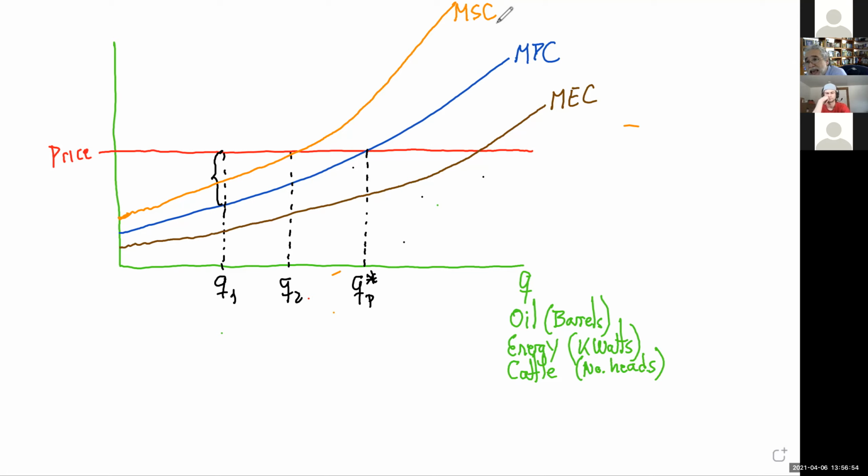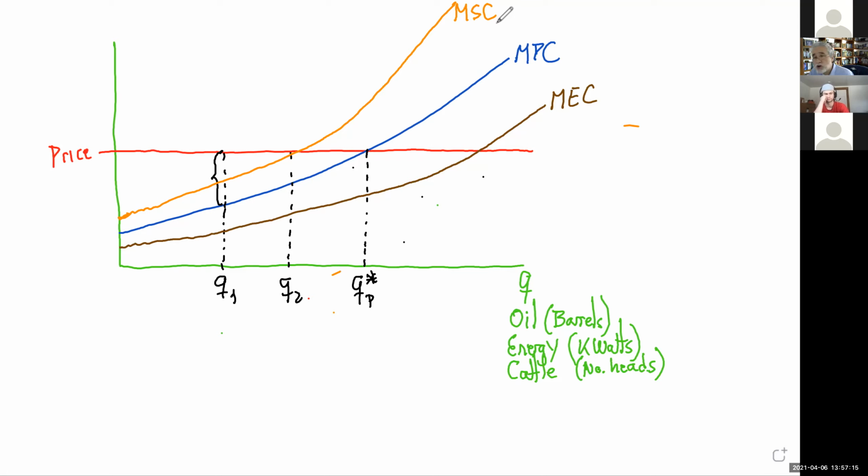And what that is saying is that society, not the private company interested in this activity, the fracker, the cattle rancher, or the energy producer, but society, is better off at Q2 and not at Q asterisk.